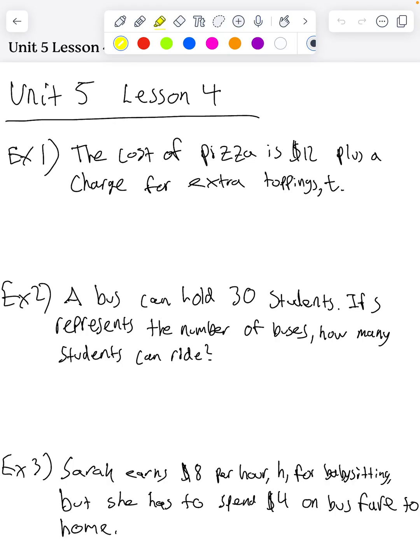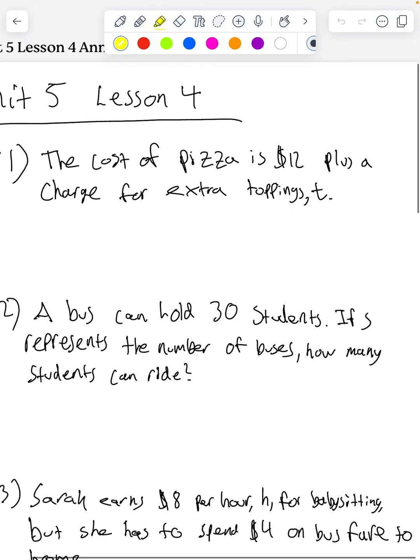So if we look at the first example, the cost of pizza is $12 plus a charge for extra toppings T. So one of the first things I see is that pizza is $12.